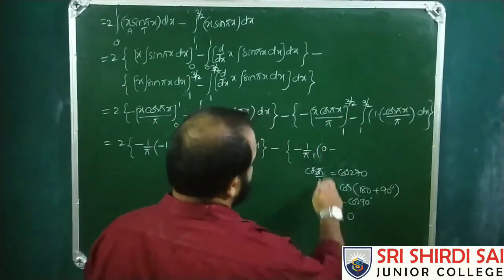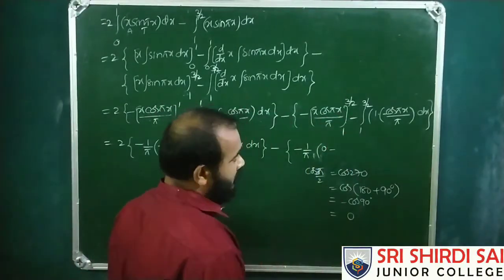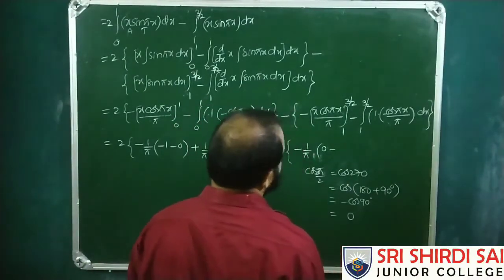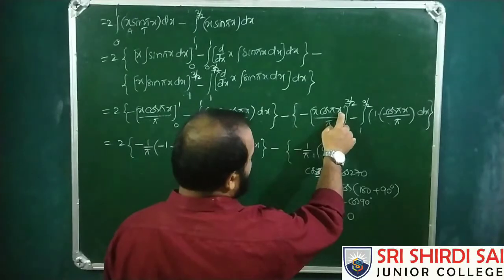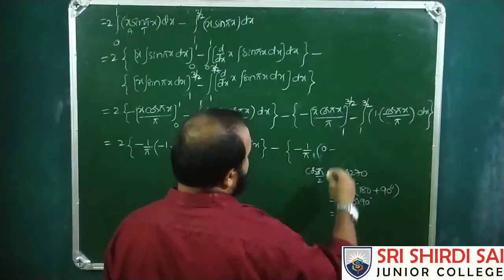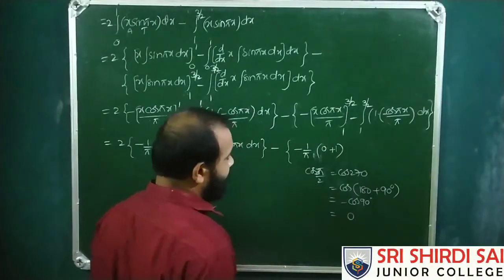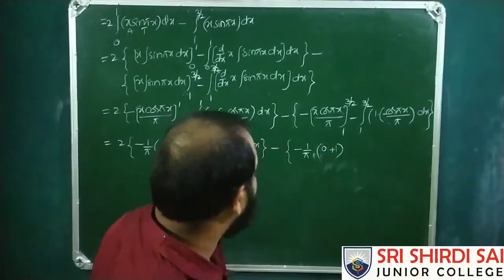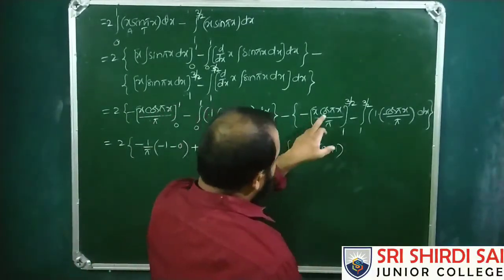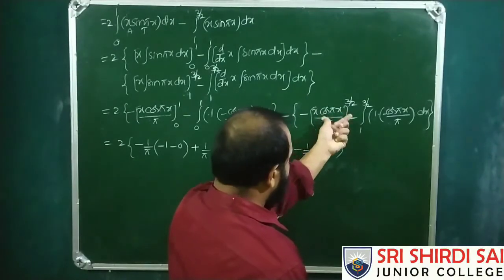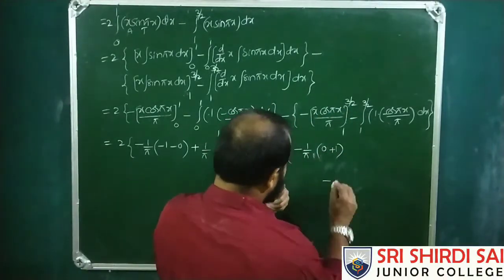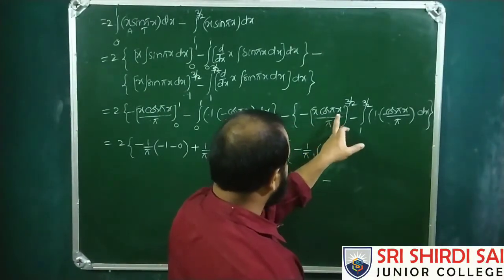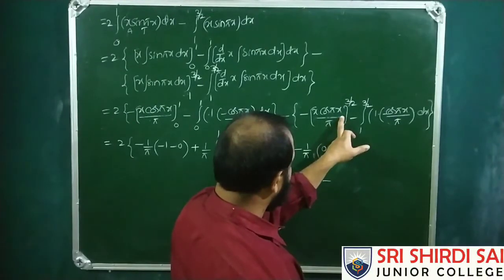1 into cos pi into 1, cos pi value is minus 1, so minus of minus plus 1. So here minus 1 by pi into cos pi into 3 by 2, cos 3 pi by 2 value is 0, minus lower limit 1 into cos pi, which is cos 180, cos 90 plus 90, minus sin 90, minus 1.